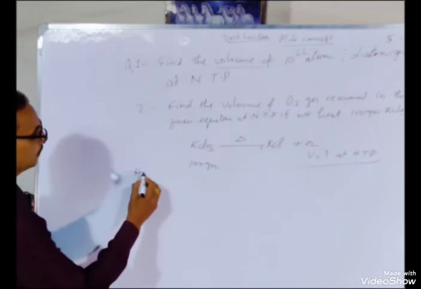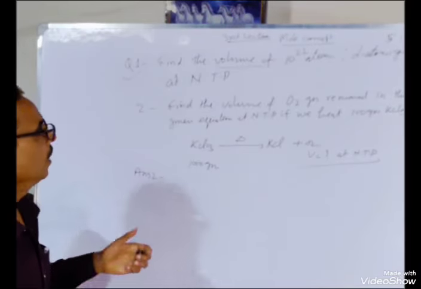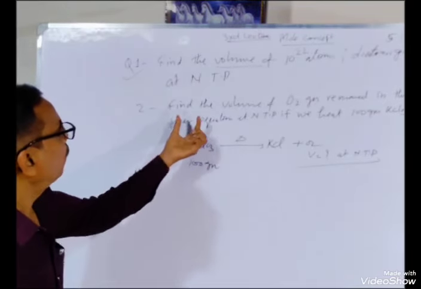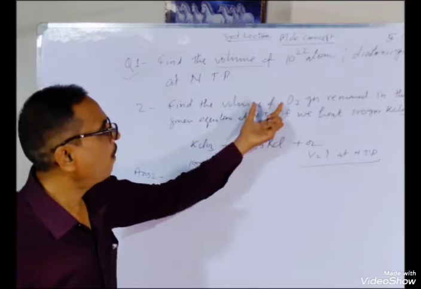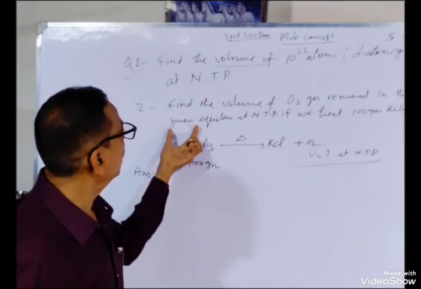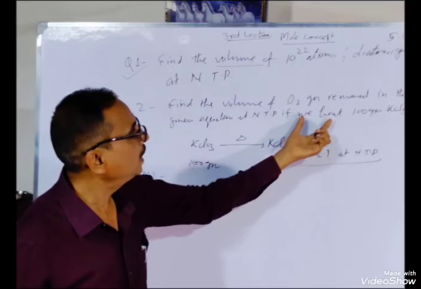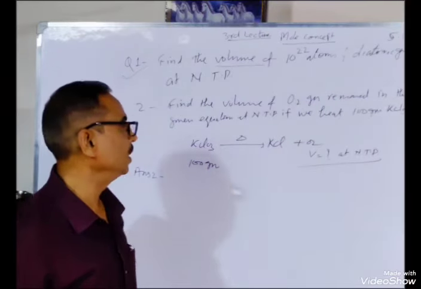Second, this is okay. Now second, what is the question? Find the volume of O2 gas removed in the given equation at NTP if heated so many grams of KClO3.